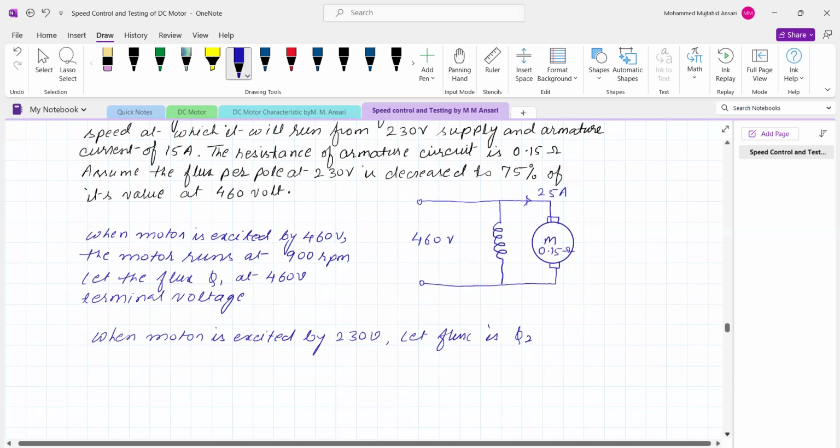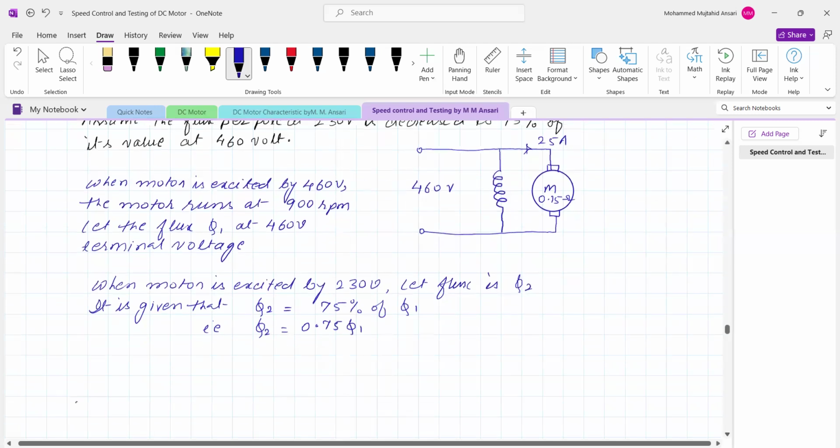Okay, it is given that flux phi2 is 75% of phi1, which means phi2 is equal to 0.75 phi1. Only this is the small twist. The rest of the numerical is very simple.